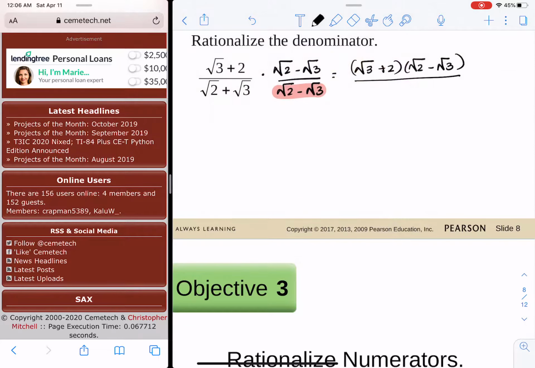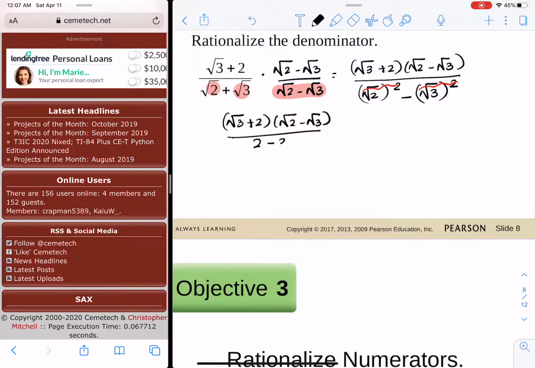So what we have here is root 2 squared, the first term squared, minus the second term squared, the root and the square would go away, and we would simply have square root of 3 plus 2 times square root of 2 minus square root of 3 divided by 2 minus 3.